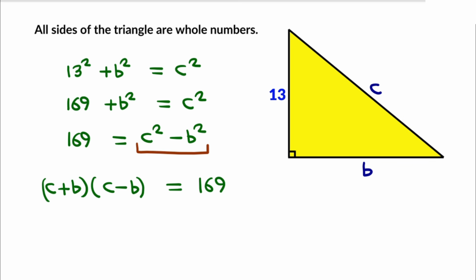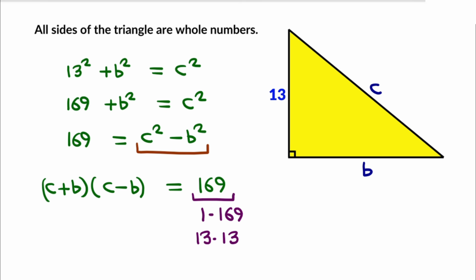Now comes the clever part. Since both b and c are positive integers, both of these factors must also be positive integers. And because c plus b is obviously larger than c minus b, we just need two positive factors of 169 where the larger one comes first. Let's list the possibilities. 169 factors into 1 times 169, or 13 times 13.